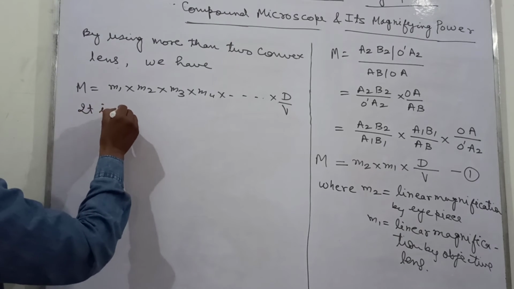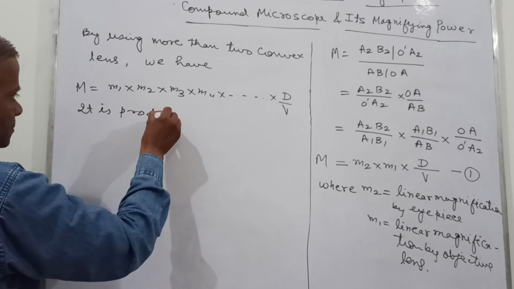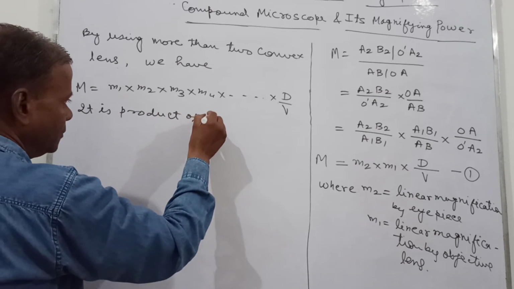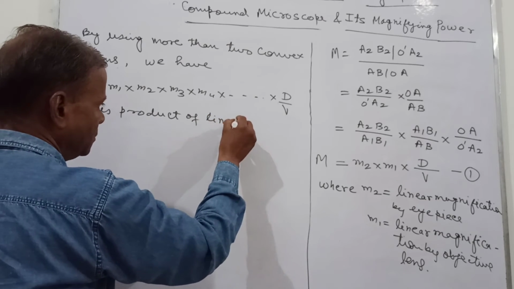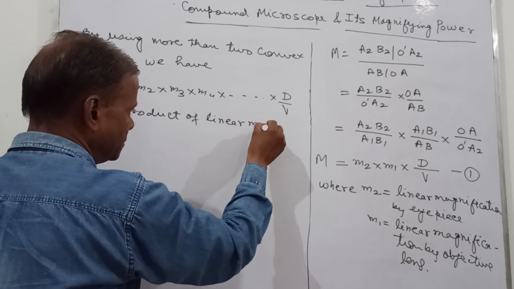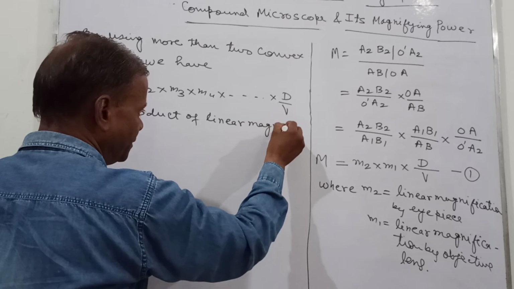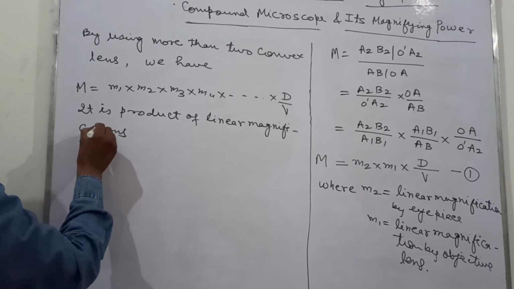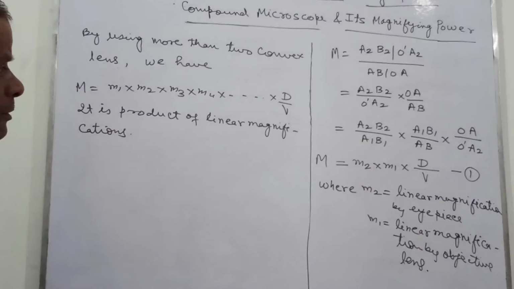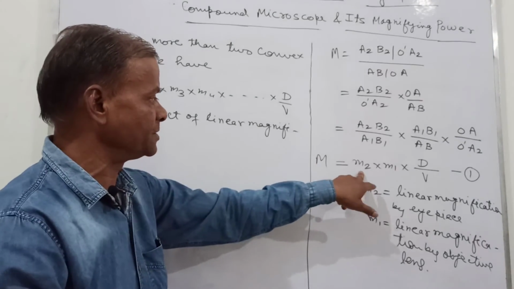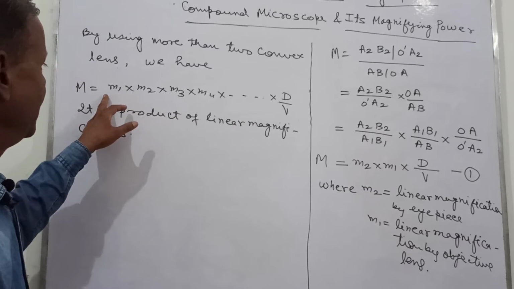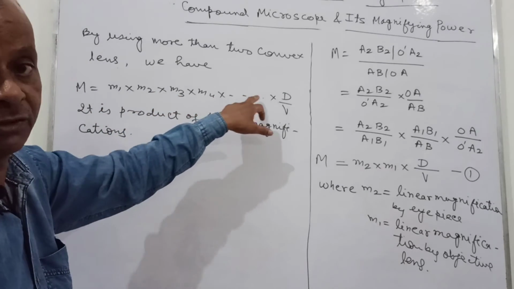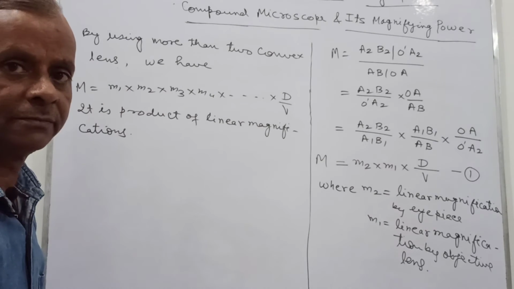So if we have two lenses, then we have M2 and M1, and when we have more than two, then M1 into M2 into M3 into M4 into M5 and so on like this one.